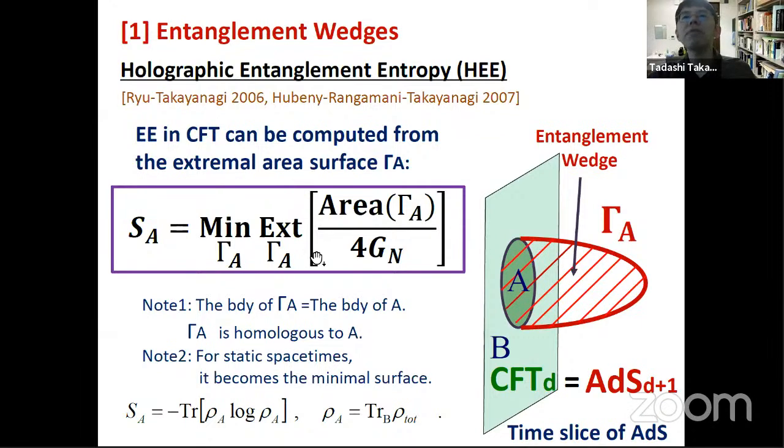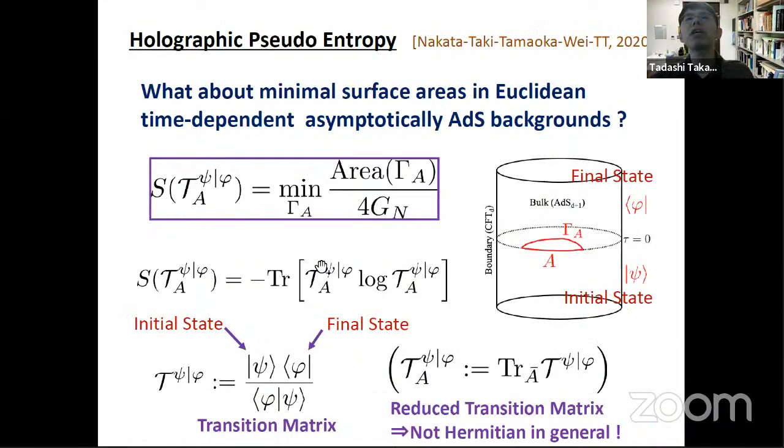But sometimes, for example when we talk about tunneling effects and also inner products, we encounter some Euclidean path integral. This is the usual method to calculate entanglement entropy. It is quite natural to ask what happens if we talk about a Euclidean time-dependent background. In this case, we can nicely define a minimal surface, and it is quite natural to ask what the CFT interpretation of this minimal area surface is.